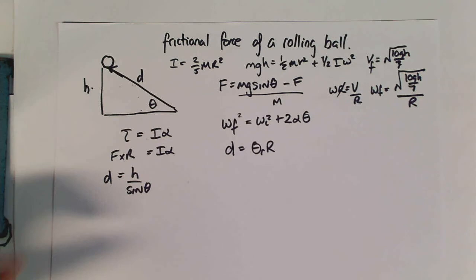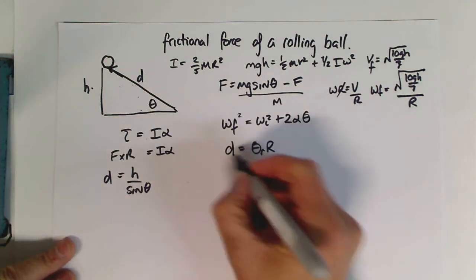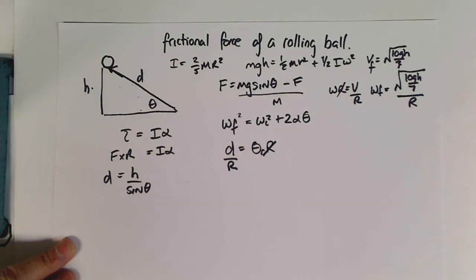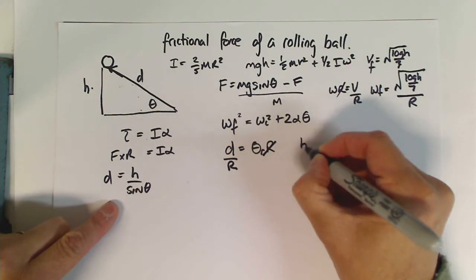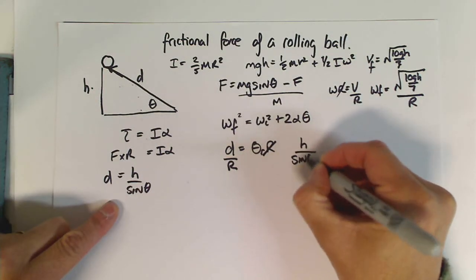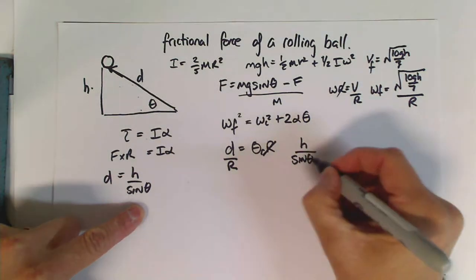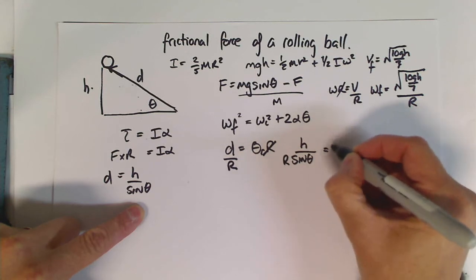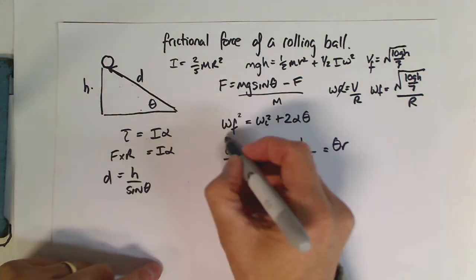So if I want to know the radians, I just divide the distance by R. Right, so the distance was h over sine theta. H over sine theta over R. So h over R sine theta is actually equal to theta r, or the radians. Now we're getting closer to being able to use this little formula.